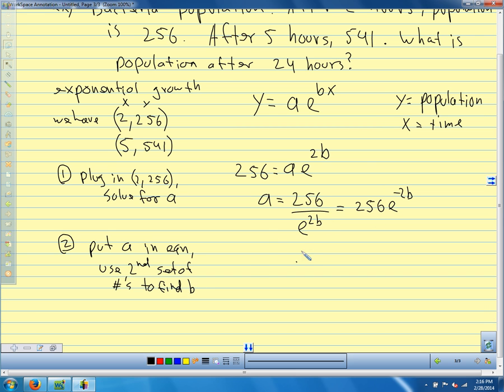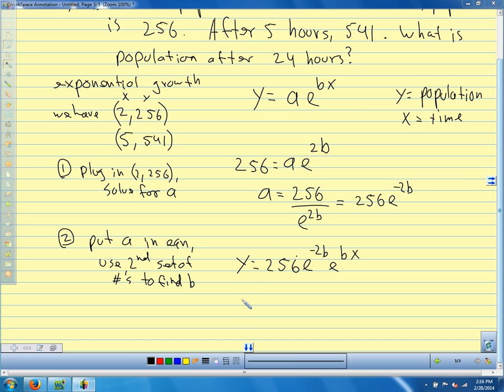So I get y equals a, which is 256 e to the minus 2b, times e to the bx. And I'm going to plug in my second set of numbers. So I get 541 equals 256 e to the minus 2b times e to the 5b when I plug in the second set of numbers.